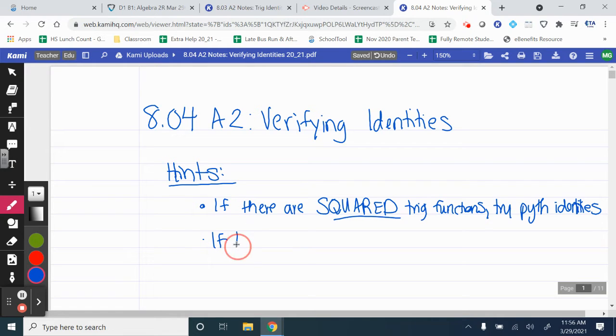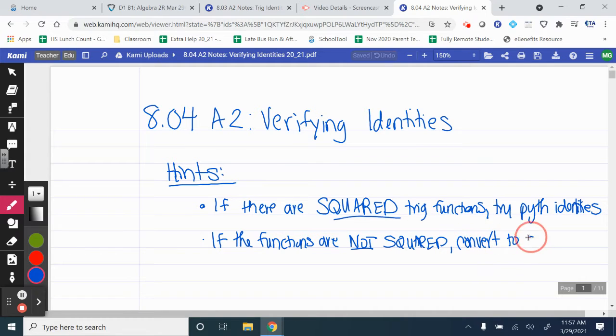If the functions are not squared, try converting to sine and cosine. So like we did last class, get everything in terms of sine and cosine.